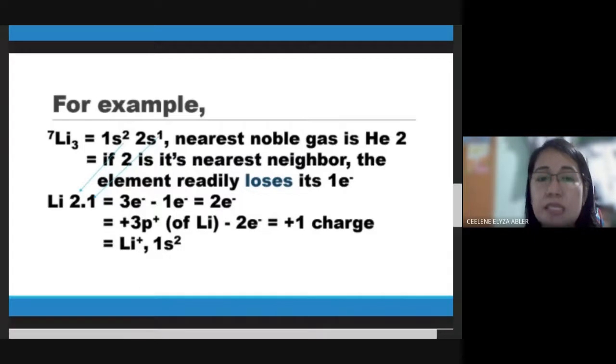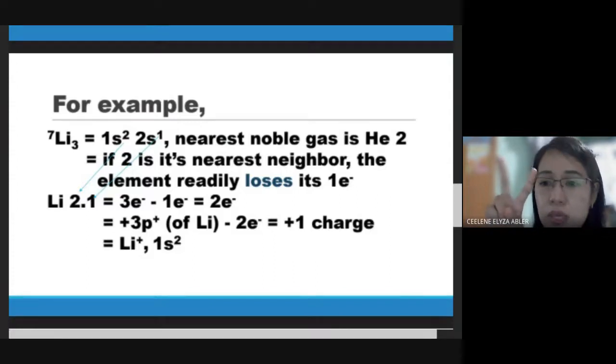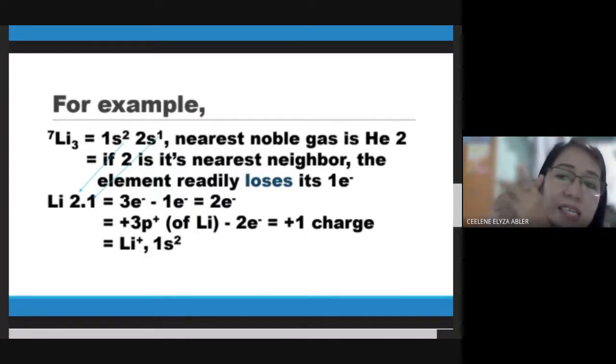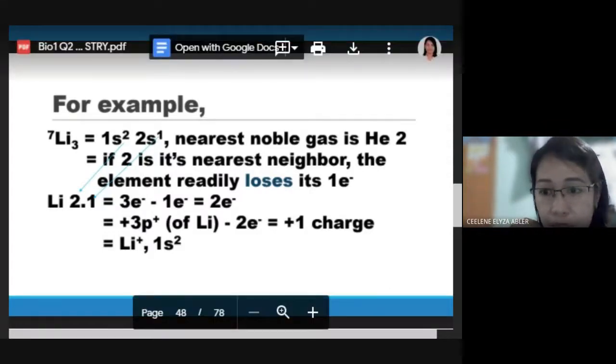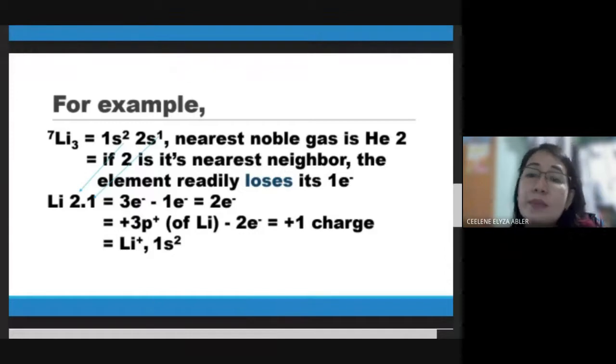Okay, so its nearest noble gas is actually si helium, which is on the other part of your periodic table. So dahil si helium is actually 2, ang ibig sabihin that's the most stable state niya na it can hold on to. So, ang ibig sabihin, it will readily lose its electron. One electron, itong nasa 2s1 na ito yung most likely ibibigay niya.